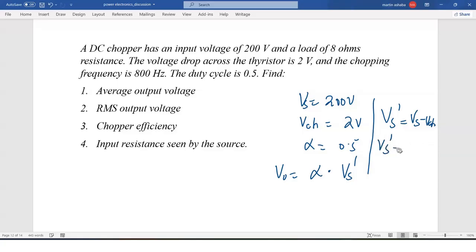So Vs prime is equal to 200 minus 2, that is 198 volts. So V0 is going to be 0.5 times 198, and this is 99 volts.